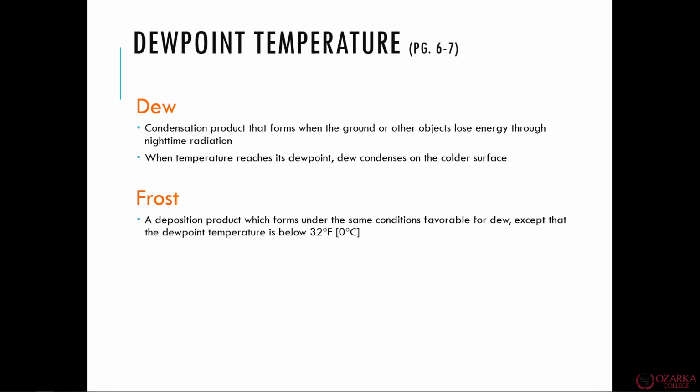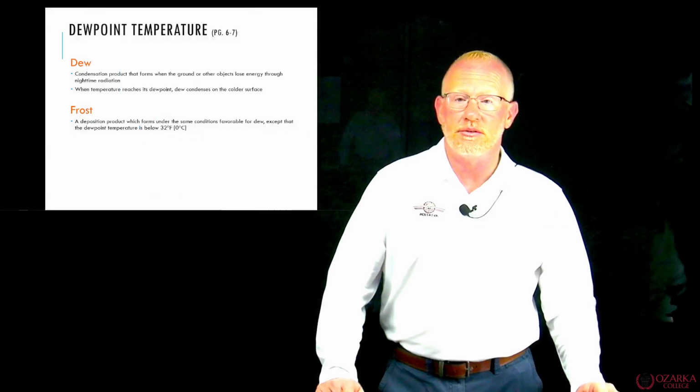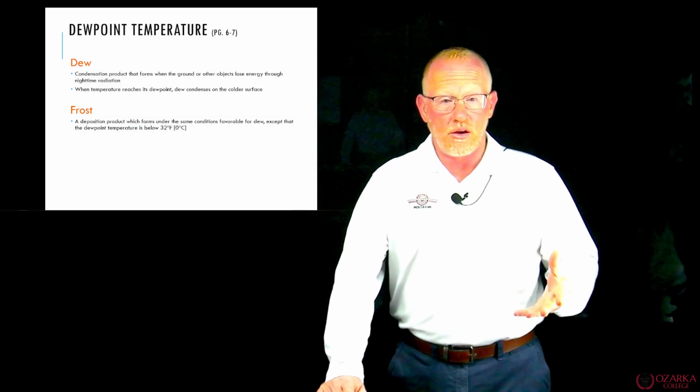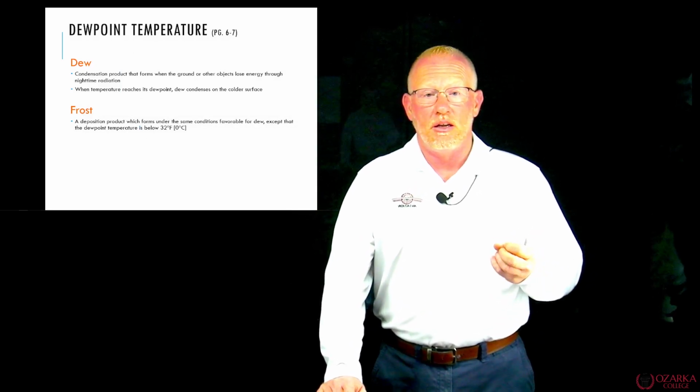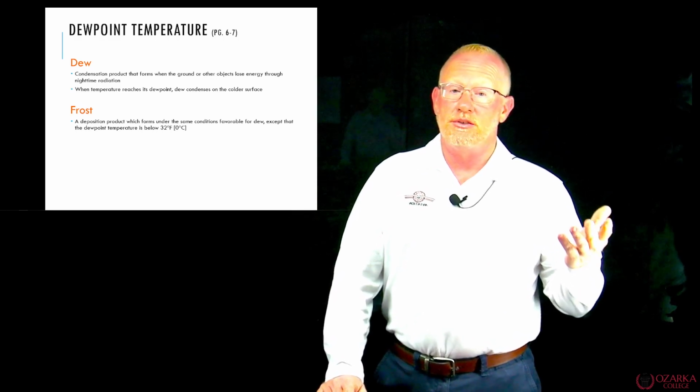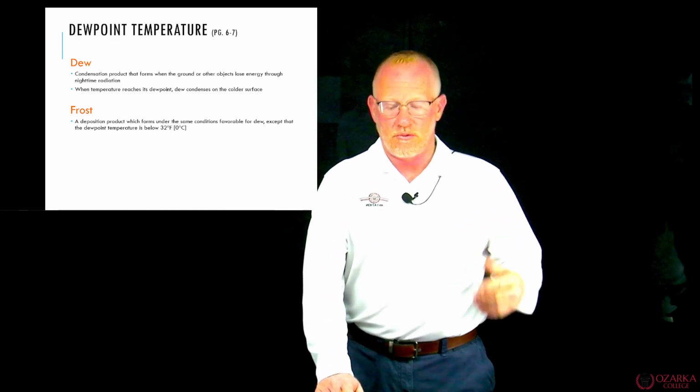Frost is a deposition product which forms under the same conditions favorable for dew, except that the dew point is below 32 degrees Fahrenheit or 0 degrees Celsius. Okay? So when you see frost, that means that if it was above 32 degrees, it would more than likely be dew. But because it's 32 degrees or below, it's frost. All right?